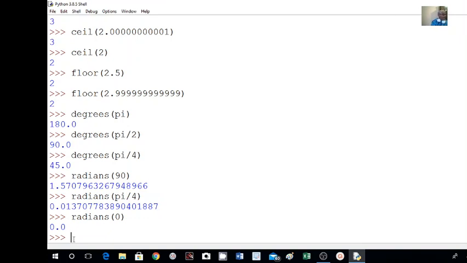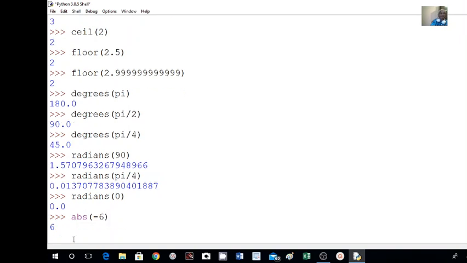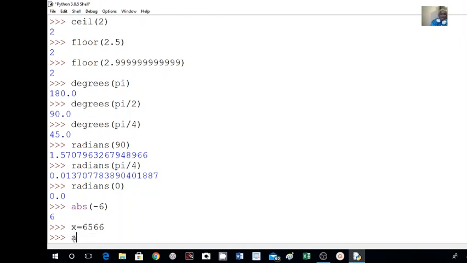And another command ABS. If I write ABS of minus say 6, then this is equal to plus 6. This gives the absolute value. Okay. Say some x is equal to some number here. So if a positive number is there, then there is no problem.